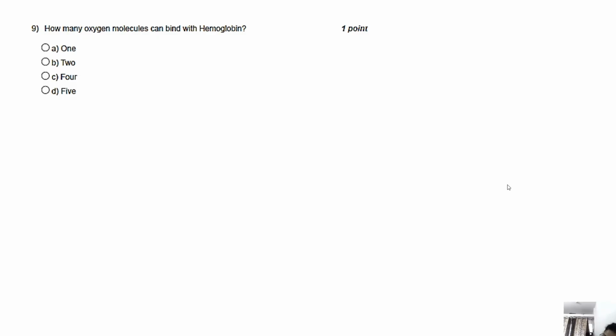Okay, so the answer to this will be 4. Now we'll discuss why it is 4. Basically, a single adult hemoglobin molecule can bind up to 4 oxygen molecules, 1 O2 per heme iron center.